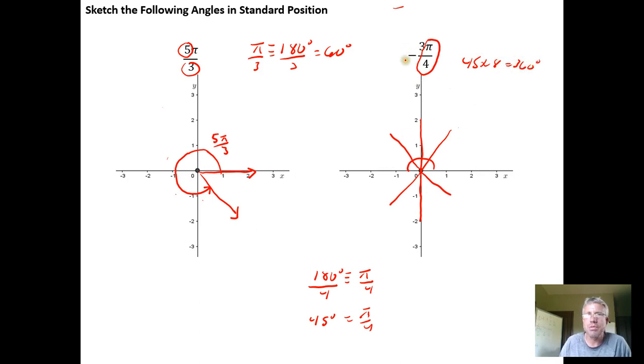And then this says do negative 3 of those. So establish my initial side on the positive x-axis and count. Negative 1, negative 2, negative 3. There it is. And now these other guys were just there to help me draw, and I'll get rid of those. And there is a negative 3 pi over 4 angle in standard position.